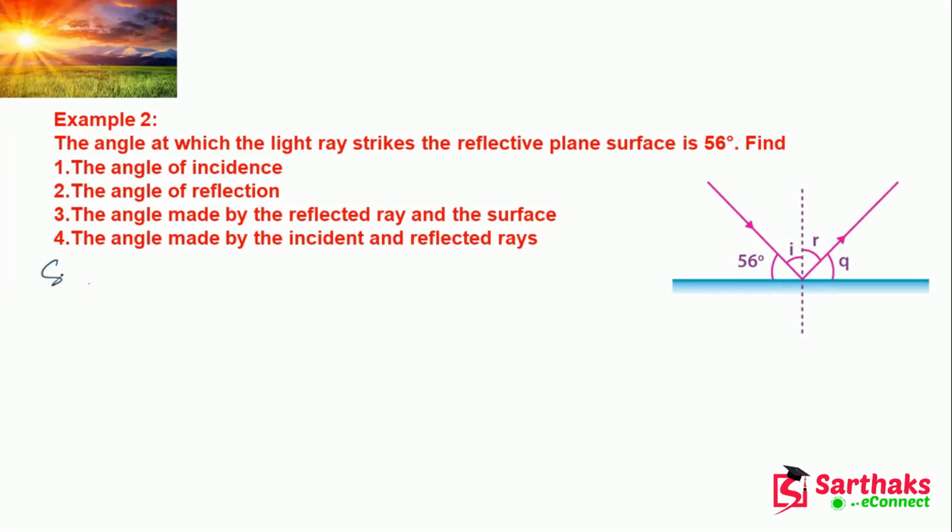Okay, so solution. First one, angle of incidence. If it is 56 degree, this total angle is 90 degree, right? That means angle of incidence equals 90 degree minus 56 degree.